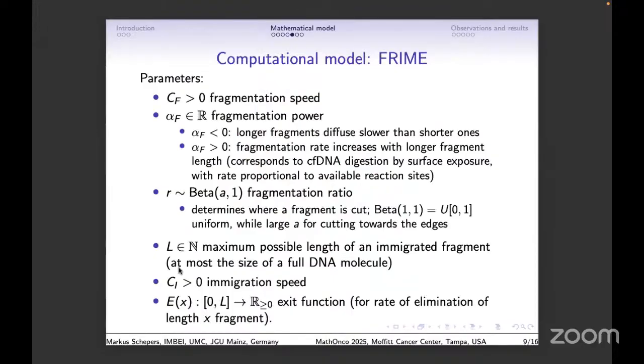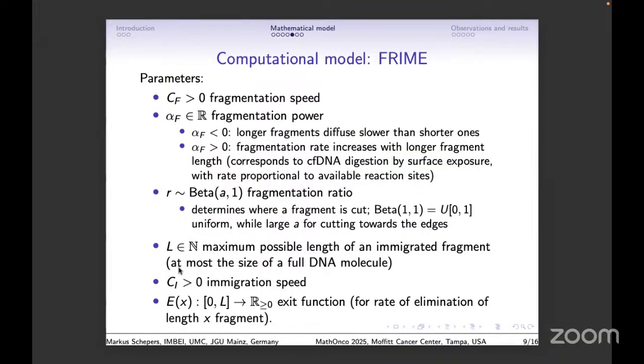So what this means is that the model is keeping track of this histogram of counts, independent of time. And there are three kinds of events: fragmentation, immigration, and exit. Basically, we're drawing exponential waiting times for each kind of event, parameterized by this fragmentation speed CF.